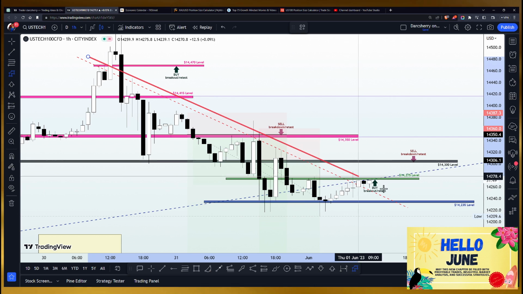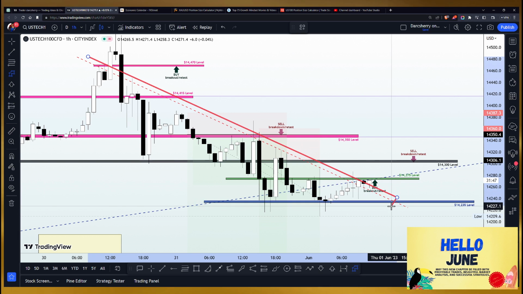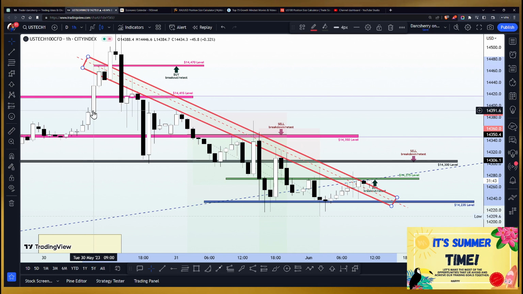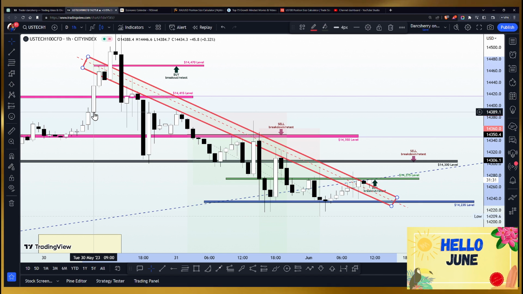So after connecting the series of lower highs here, we had this beautiful trend line mapped out on this chart, and we agreed yesterday that as long as price action remains below the bearish trend line, we shall continue to look out for structures that will support a trend continuation to the downside. And if it so happens that we have a breakout of that trend line, then our bearish momentum will be negated, giving us a platform to look out for buying opportunities.